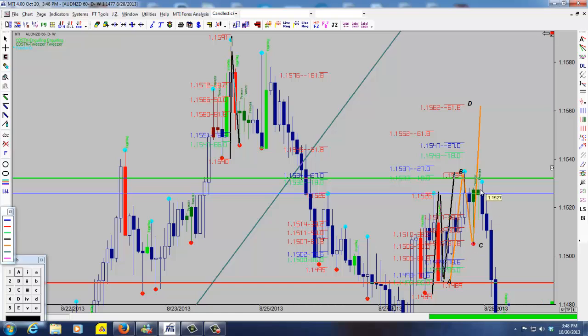If you entered at C, you probably got break even on this trade. Right? If you entered at the 618, once this broke B, you would have moved to break even. So you would have been out. How many pips is that? I could be wrong there.